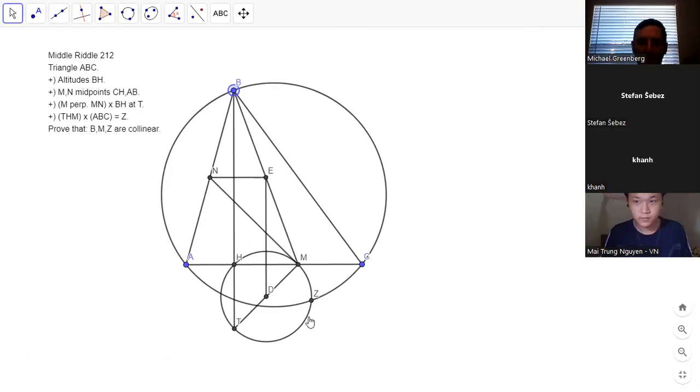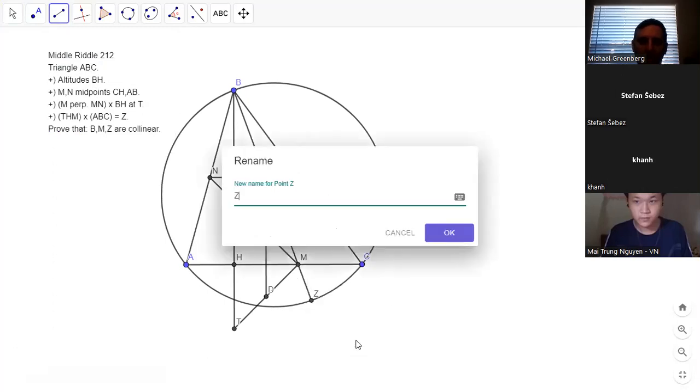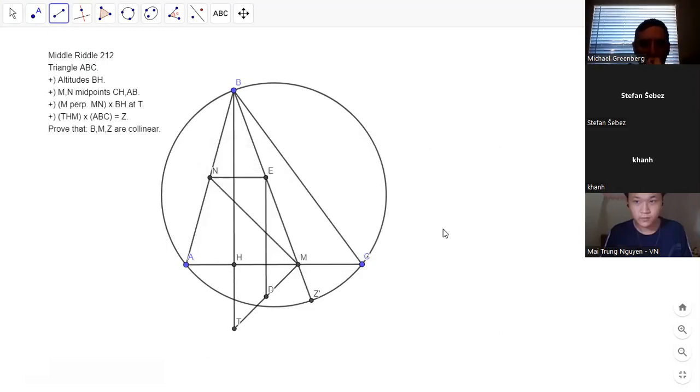I almost feel like I'd rather let Z prime be this point, like this, and then show that HMZ prime T is cyclic. Like that feels more natural to me. I like showing things are cyclic more than showing that things are collinear.